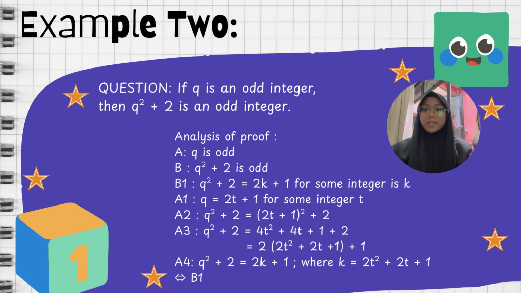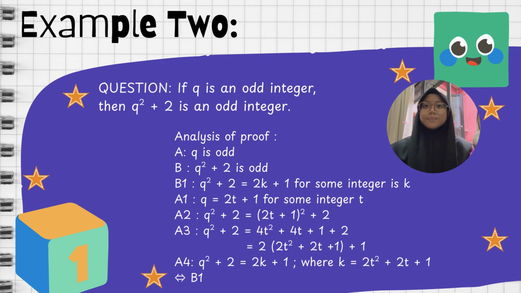So, B1, q squared plus 2 equals 2k plus 1 for some integer k, to be shown from the derivation of an odd integer. A1, q equals 2t plus 1 for some integer t, is the condition for q being odd. A2, q squared plus 2 equals (2t plus 1) squared plus 2, a substitution of A1.